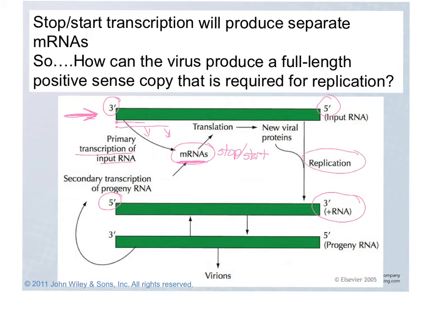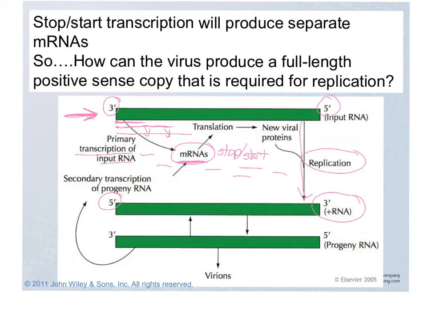For replication, we have to copy the entire genome in one piece. We can't have all these little fragments serving as the genome, because the genome is a linear genome. And how do we do that? Because this polymerase, we've seen, sits down and falls off. It sits down, falls off. Sits down, falls off.